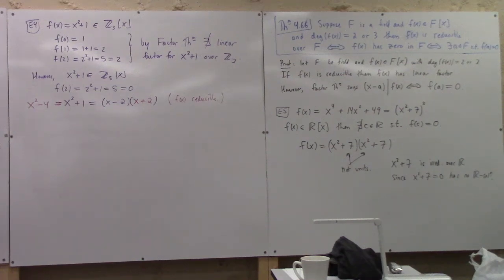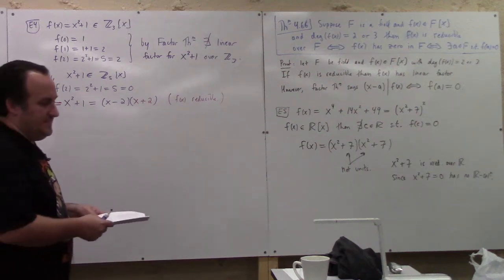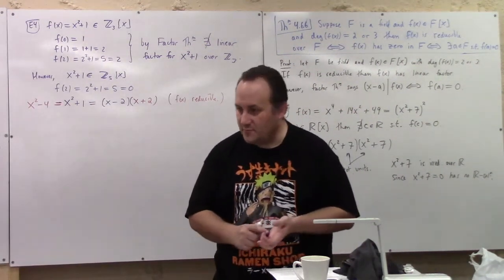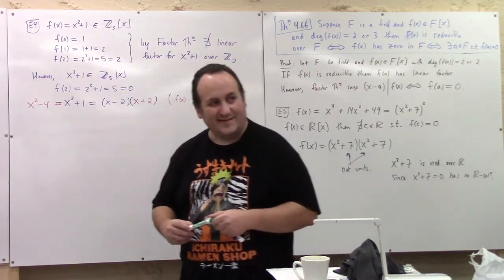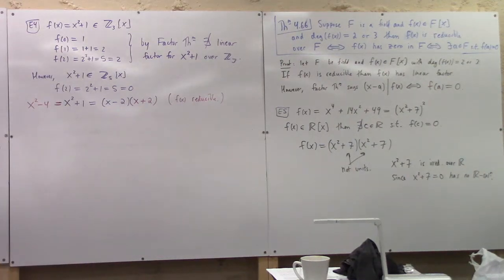Yet f of x is irreducible over Q. What this says is that the example above works when it works. But if it doesn't work for all possible primes, that does not allow you to conclude that reducibility necessarily follows.